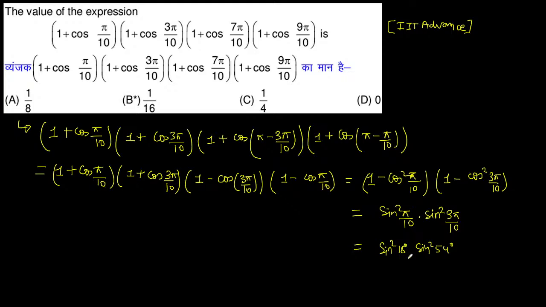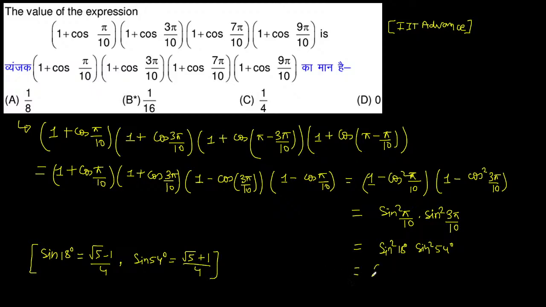So right now, if you don't know this value, for now you remember that sine 18 degree is (root 5 minus 1) by 4, and sine 54 degree is (root 5 plus 1) by 4.